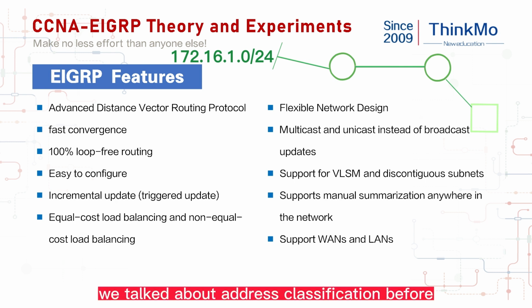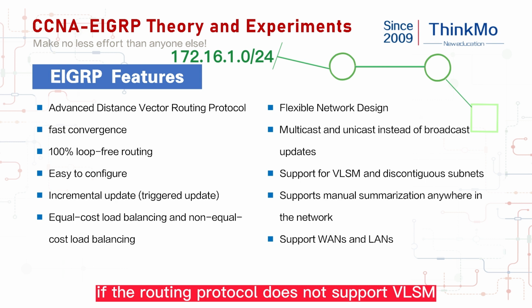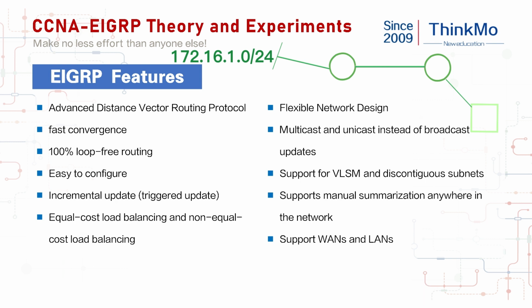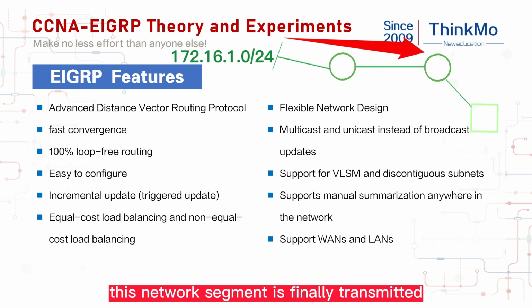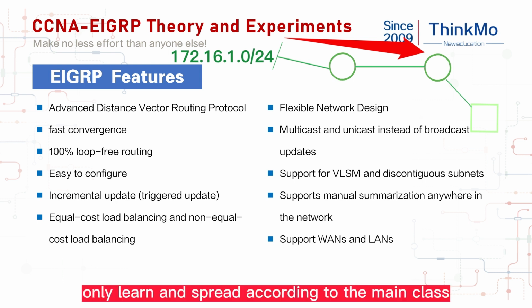We talked about address classification before. You will find that it is subnet. If the routing protocol does not support VLSM, for example, this network segment is finally transmitted to this device. It learned, but not supported. Don't care what the data is. In the end, it will only learn and spread according to the main class.